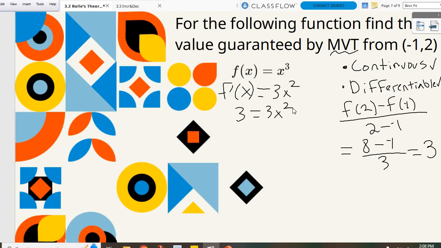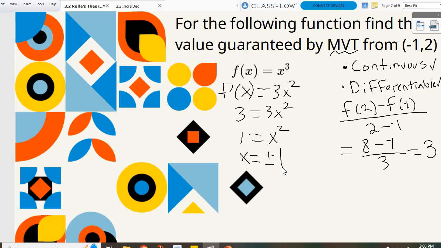And what would we do to solve that? And we get... So what does x equal? Positive and negative what?